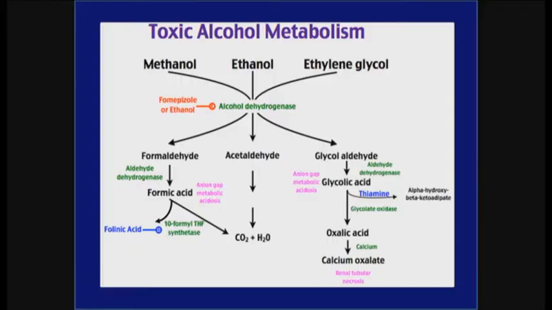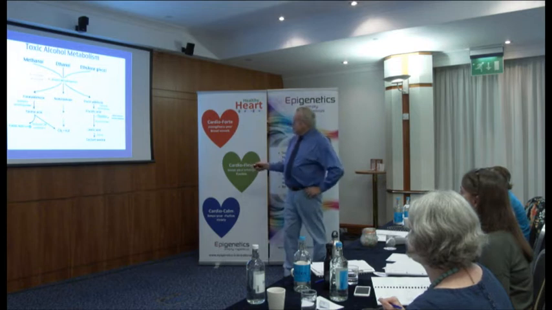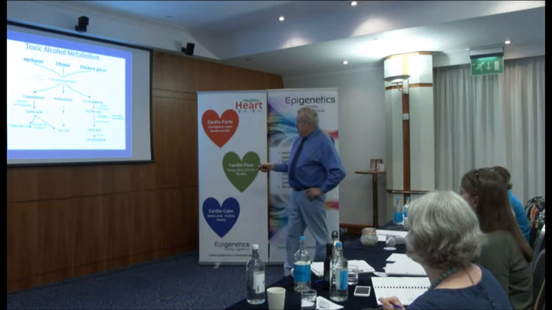Whereas methanol, which is actually produced from abnormal bacteria, bad bacteria in our gut, instead of fermenting good ethanol, will ferment into formaldehyde, which is a much more toxic substance, which then goes through the same enzyme, the aldehyde dehydrogenase, to form formic acid, which is what we talked about, red ants kindly give you and makes you itch. And then that formic part goes round with folic acid to make the formyl tetrahydrofolate, or folinic acid as it's called. Okay, so we actually produce folinic in this pathway. Formic will then again degrade eventually to carbon dioxide and water.